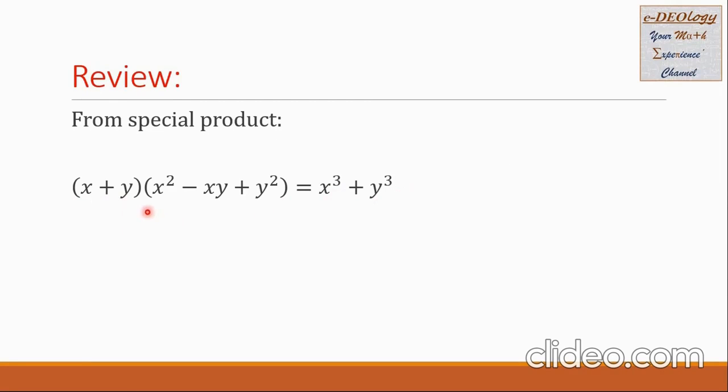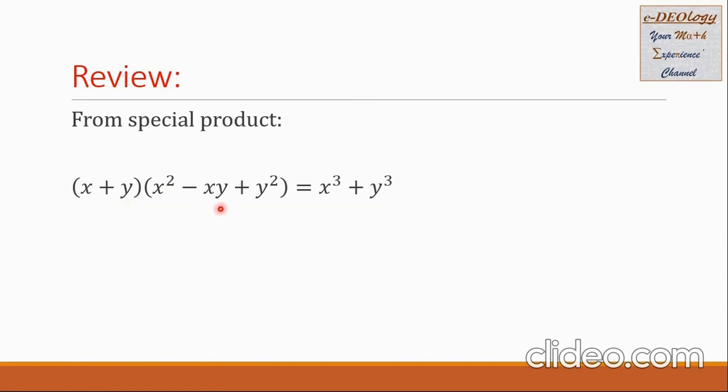So let us analyze the trinomial factor. The first term of this trinomial factor is the square of x, and the x is actually the first term of our binomial factor. The y squared is the square of y, and that y is the second term of our binomial factor.